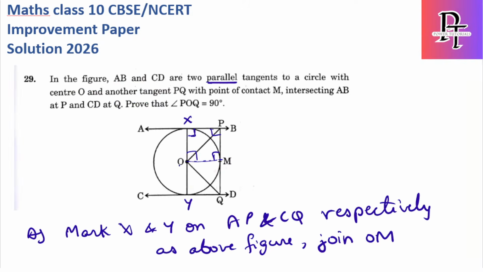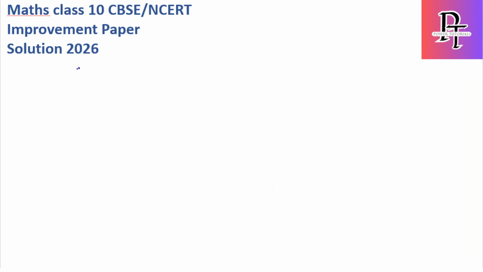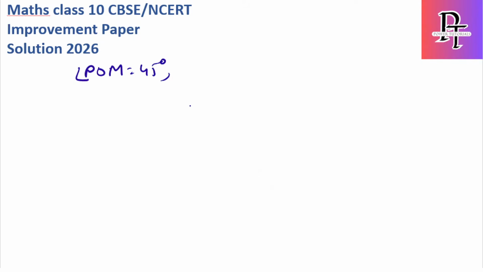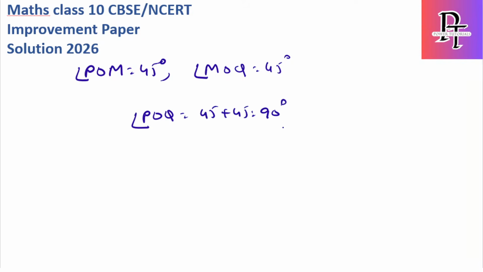I'm saying angle POM is equal to 45 degrees and angle MOQ is also 45 degrees. Hence the total angle, which is POQ, is equal to 45 plus 45, which is 90 degrees.